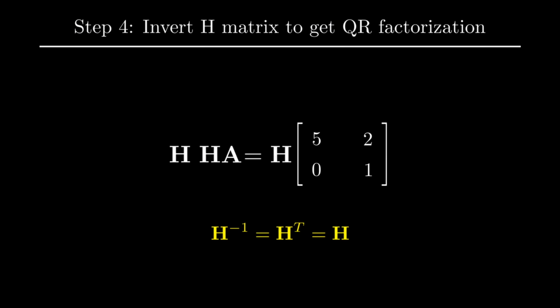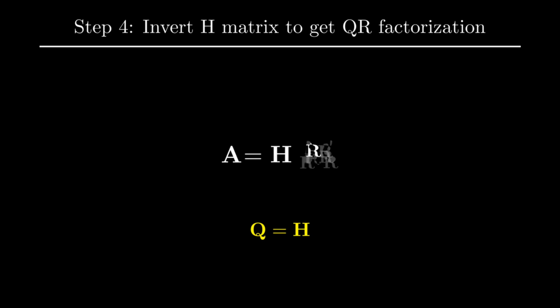So now, when we multiply both sides by H, we get the following equation. Since in our case we only have one Householder matrix, our Q matrix will just be our H matrix. Cool. Now if you had a bigger A matrix, you would have more Householder matrices to multiply and invert, but the process is very similar and it's really not that much harder.